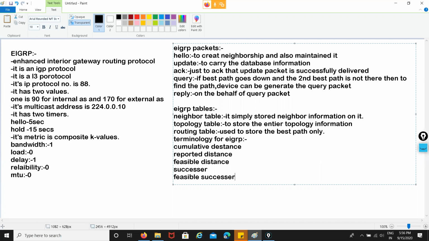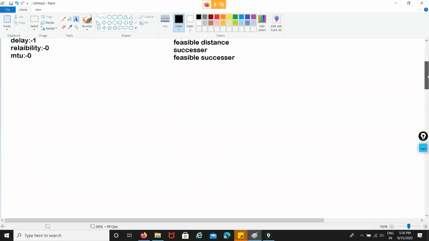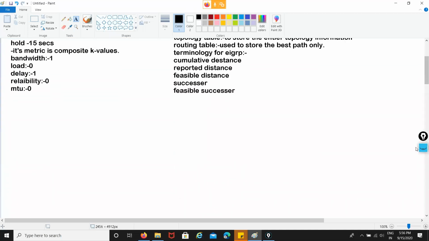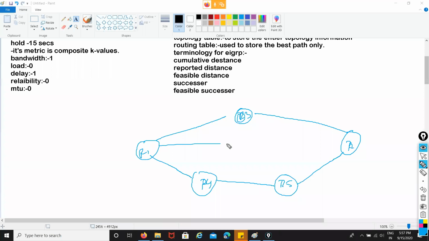What is cumulative distance? If you see, I simply made a topology like this, so maybe that particular topology is helpful for you to understand these things. You can see it is R1 and it is R2. If I have a possible path like this, it is R3, R4 and R5. So what is cumulative distance?